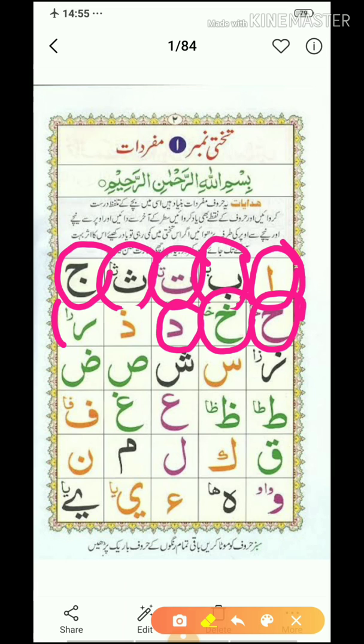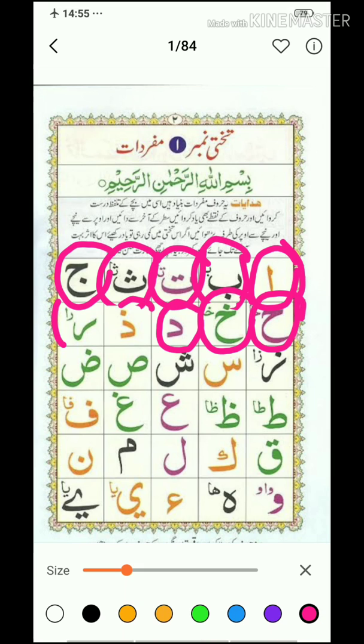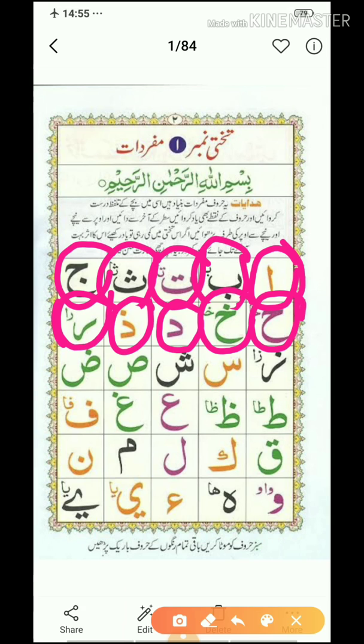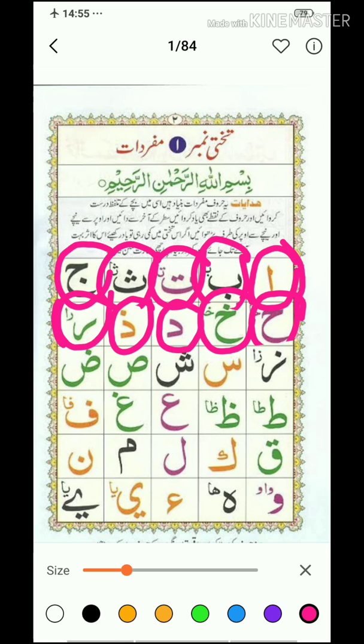Then we learned how to pronounce Dal. And in the end, we pronounce Ra. Now in this lecture, I will try to teach you how to pronounce the other 10 letters.